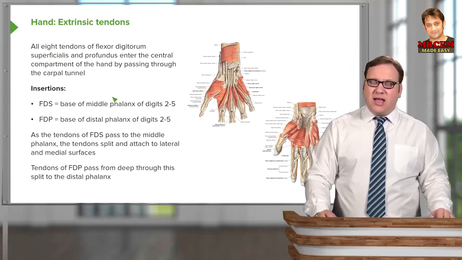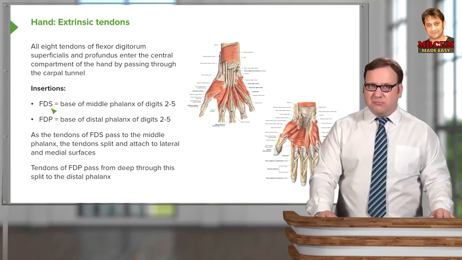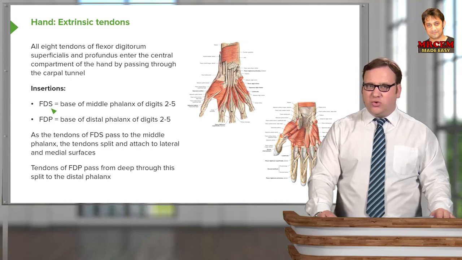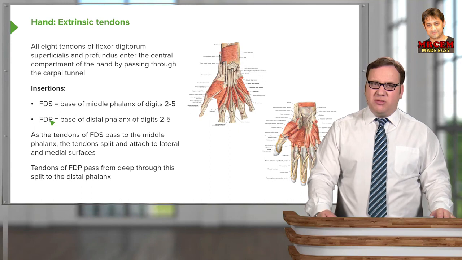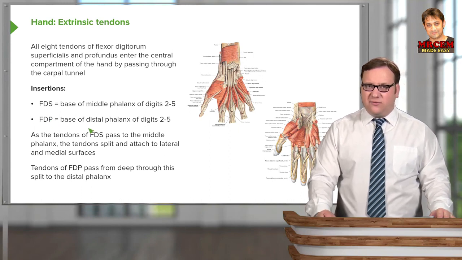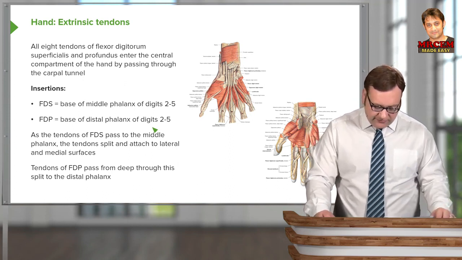And if you remember, FDS, flexor digitorum superficialis, passes to the middle phalanx of digits 2 to 5, whereas FDP, flexor digitorum profundus, passes to the distal phalanx of digits 2 to 5. So there's an important arrangement here that we need to observe.